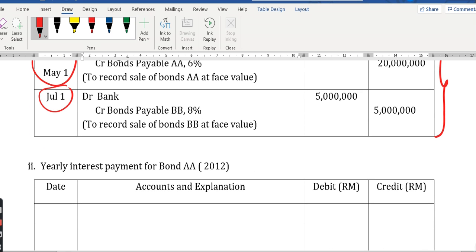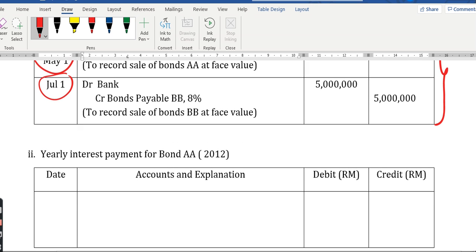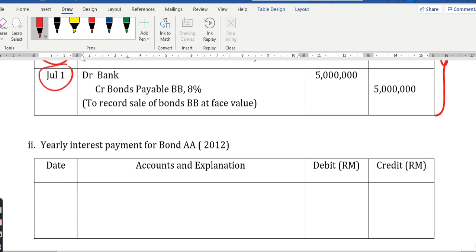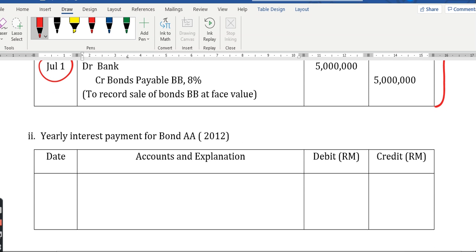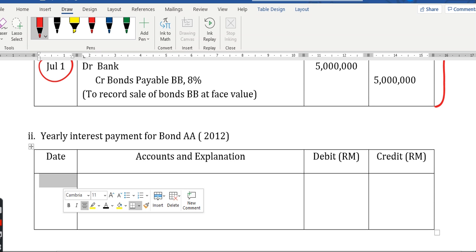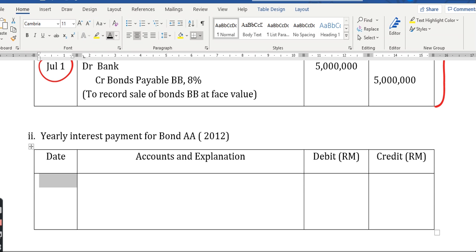You need to show the journal entry for the yearly interest payment for bond AA. Alright, so as I said earlier, the bond was issued on 1st of May 2012, so the first interest payment is due on October 31st. Alright, so October 31st is 6 months after the issuance of the bond, so you need to pay the interest on this day.